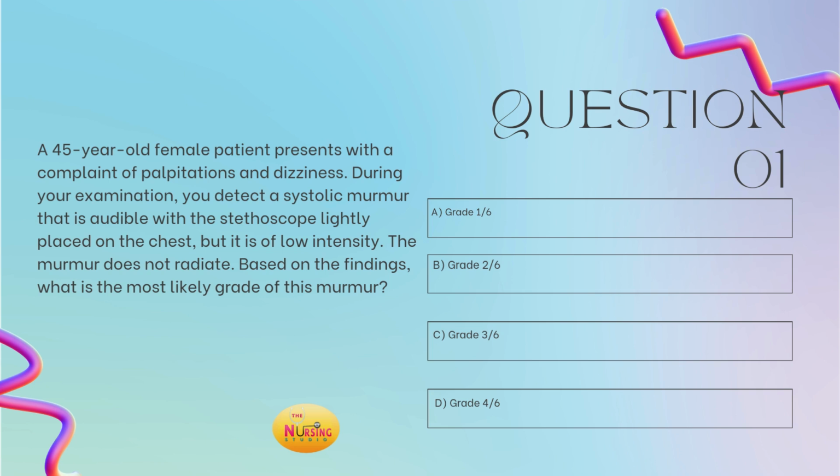So we know it has to be 1, 2, or 3. Now, it says that it's audible with the stethoscope lightly placed on the chest, but it's low intensity. So the best answer is B, a grade 2 of 6. It's low intensity. These are on the lower scale, but you can lightly place the stethoscope on the chest to identify it.